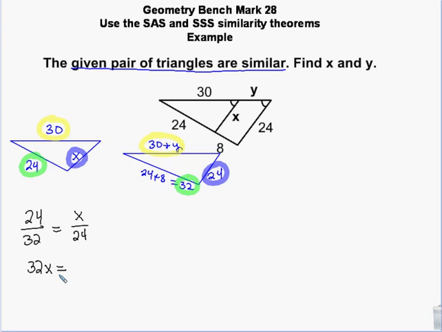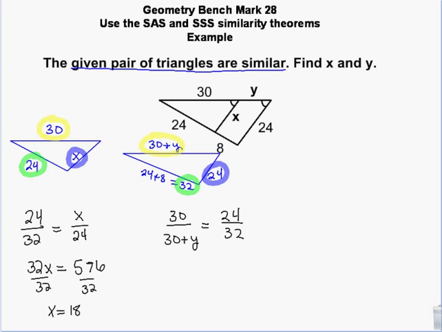Anybody know 24 squared? Okay, divide both sides by 32. And x is 18. And then for my y, 30 over 30 plus y is equal to 24 over 32.